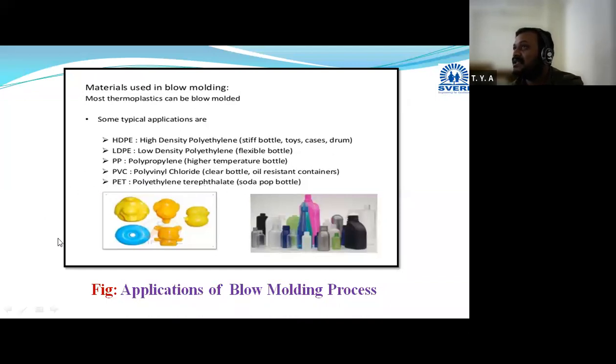Now, initially, we used this blow molding process for manufacturing toys. You have seen hollow toys, lightweight hollow toys. We just join them, and inside they will be hollow. Initially we used this blow molding process for manufacturing those toys.